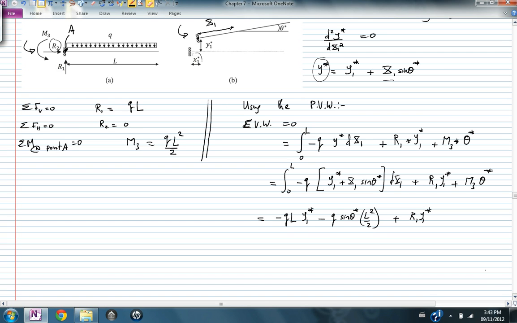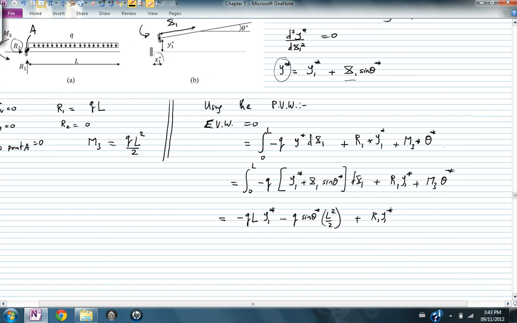Oh, I forgot the horizontal reaction. So plus R2 x1 star, and this is equal to 0.